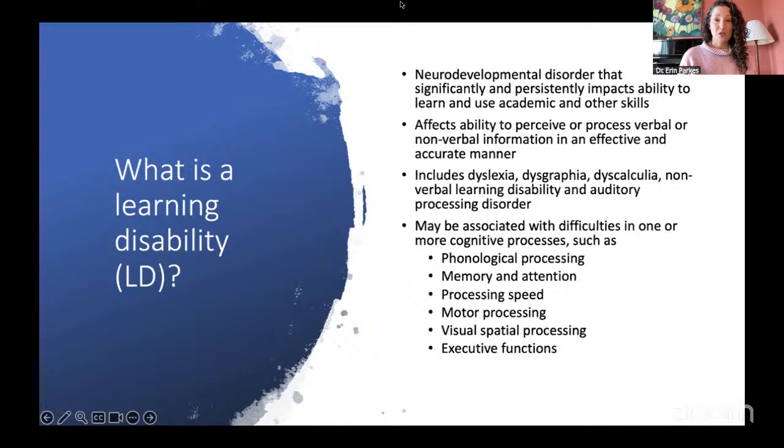A nonverbal learning disability, which is a disability with visual spatial. So dyslexia is more a language learning disability. Nonverbal learning disability is not related to language necessarily. And auditory processing disorder. Today, we're not going to talk about dysgraphia because it's not as impactful on music learning. But we are going to talk about all the others.